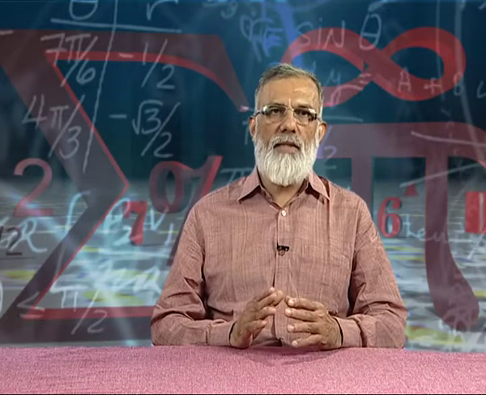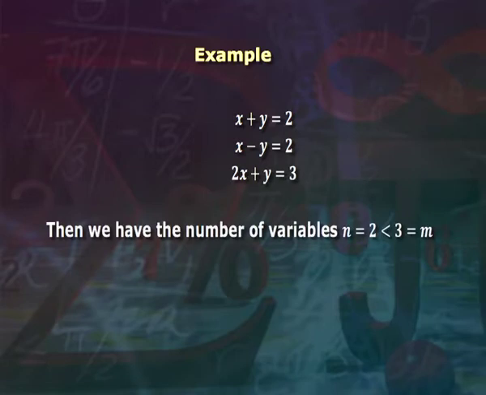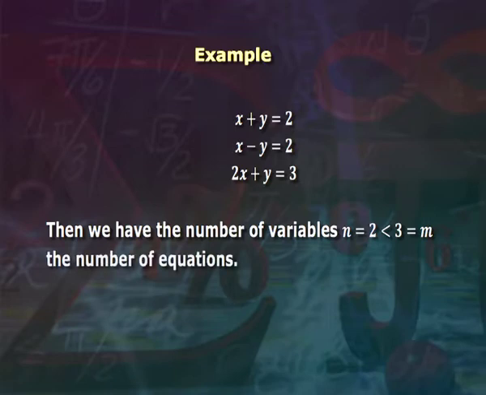When n is less than m, in general the system is overdetermined and there is no solution. Example, suppose x plus y equal to 2, x minus y equal to 2 and 2x plus y equal to 3. Then the number of variables n equal to 2 is strictly less than 3, which is m, the number of equations.